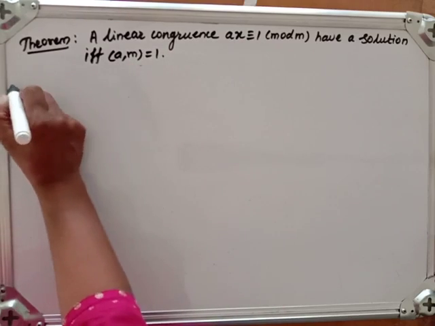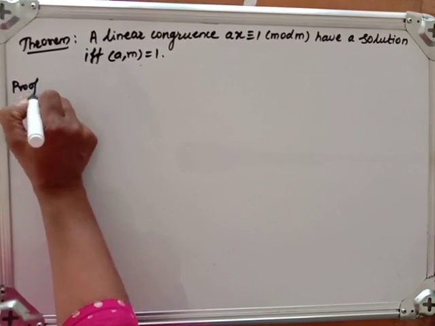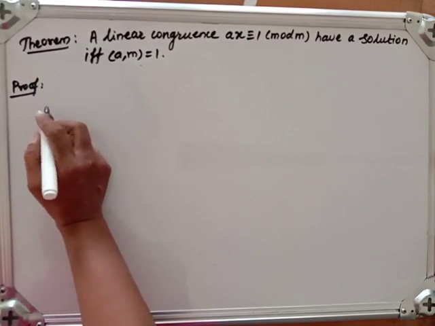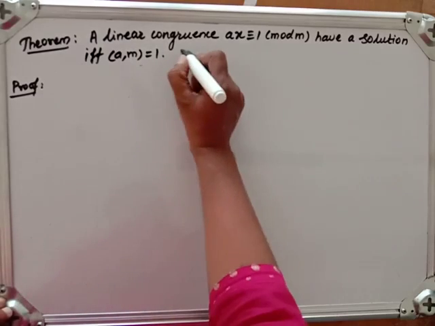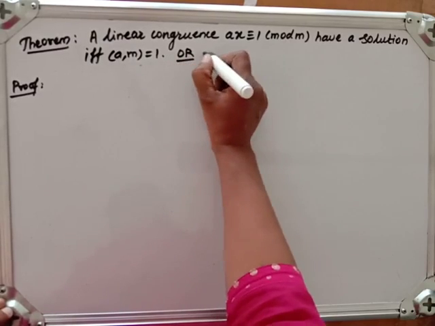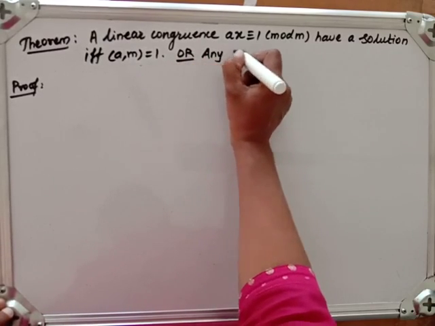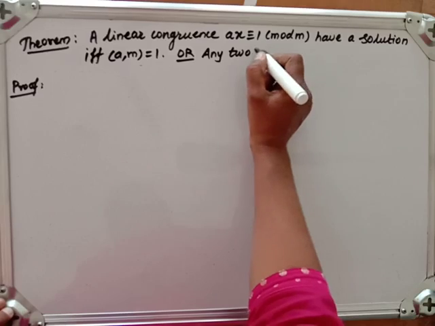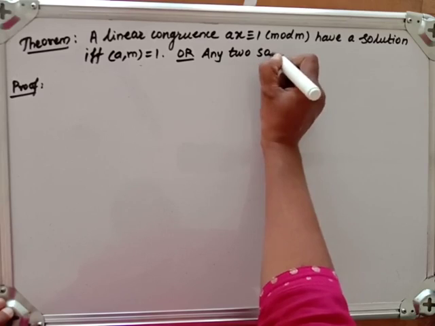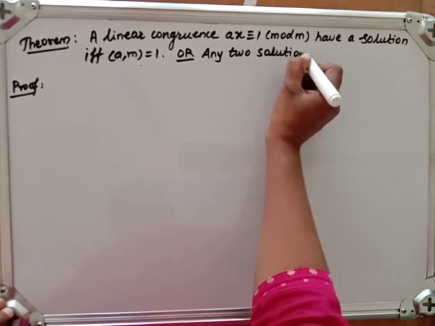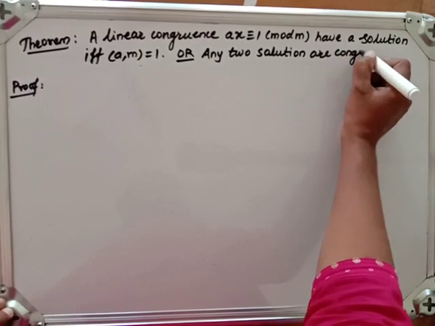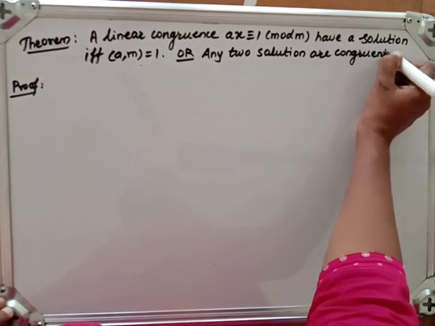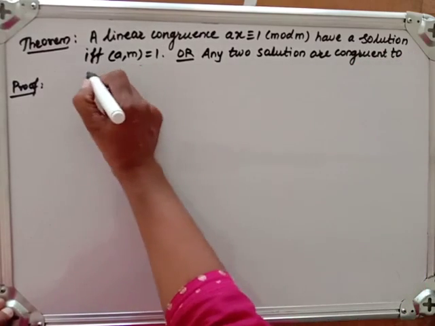Fine. So proof of it. The same statement can be given in another language: any two solutions are congruent modulo m.